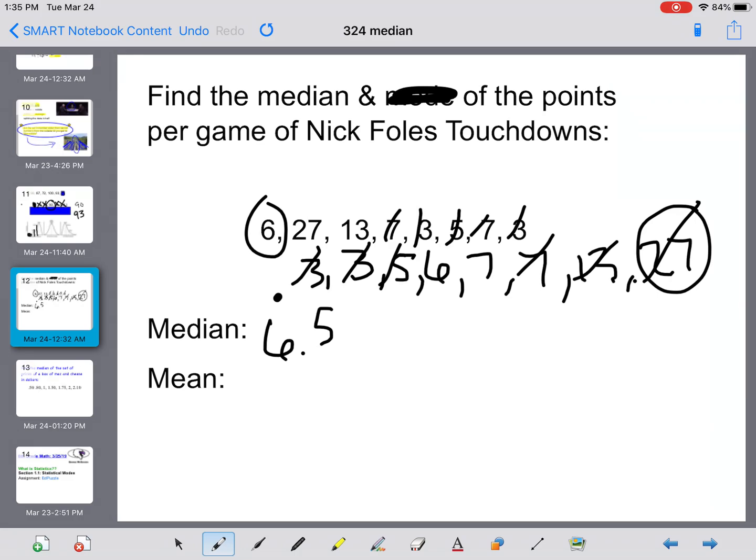And what would be a context where we could find this to be important? Do you think Nick Foles probably finds it important when he was negotiating a new contract, if he said that his average touchdowns per season, what would we get here? Well, added them up, we'll get 71. And we're dividing it by 8.